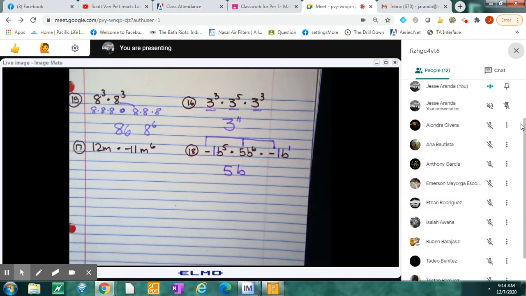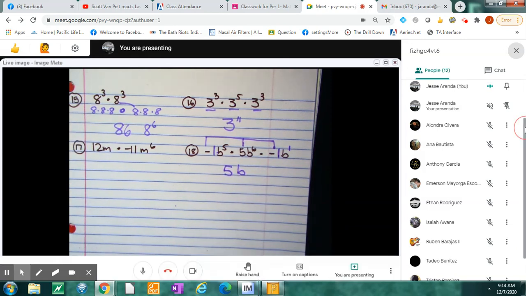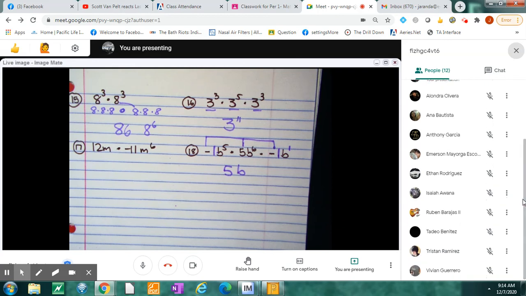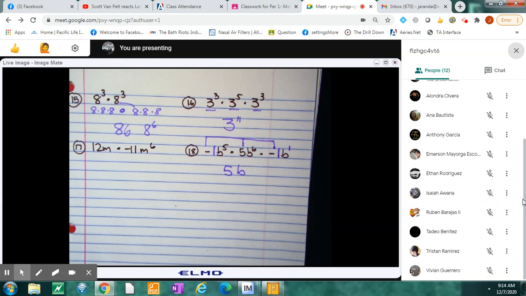B to the what? Let's see. Let me pick on someone who I haven't called. Vivian Guerrero. How many B's do I have when I'm multiplying to the 5, to the 6, and to the 1? How many B's do I have? Vivian Guerrero? No participation?